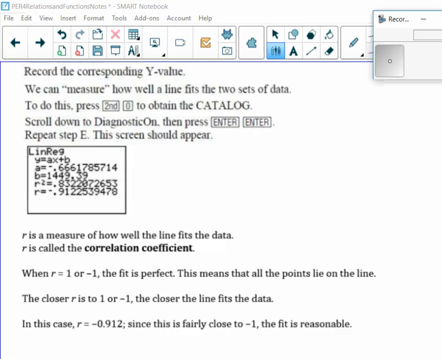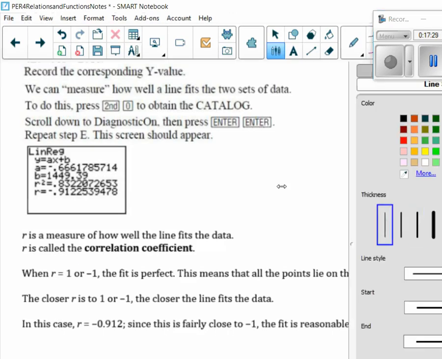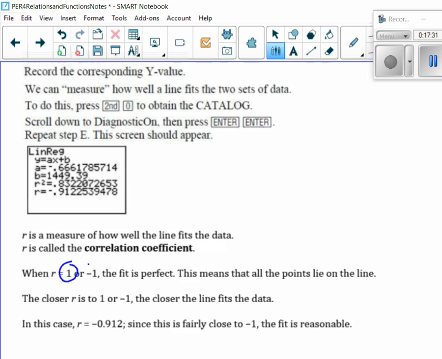What do you mean? Correlation coefficient means that if it's near 1 or near -1, it's basically a perfect fit for the line. The data fits the line perfectly. We got -0.91, so it's pretty close, actually. That's pretty close to being close to the line. So again, the closer it is to 1 or -1, the closer it fits the data.